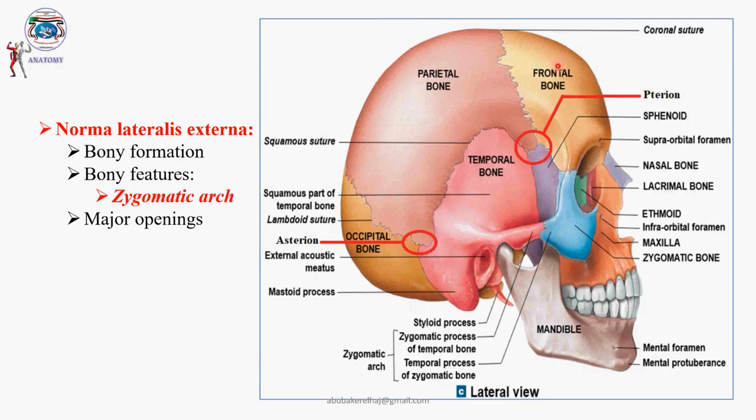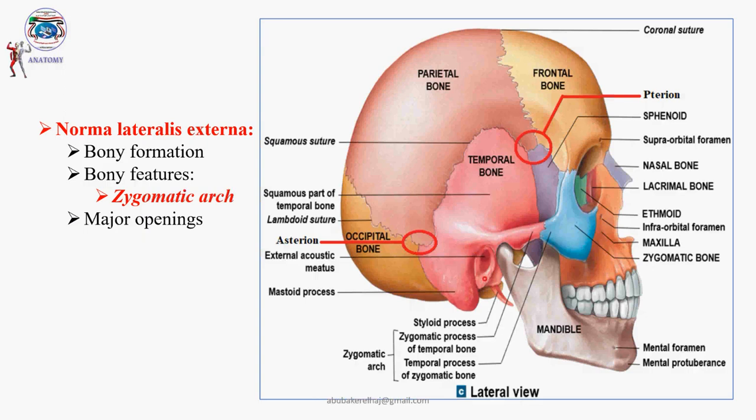We have part of the frontal bone anteriorly, in the middle part the parietal bones, and most posteriorly the most lateral aspect of the occipital bone. The most important features in this area are the temporal bones, as you see here, and these temporal bones join anteriorly with the zygomatic bones, and posteriorly have an extension downwards, which is called the mastoid process.